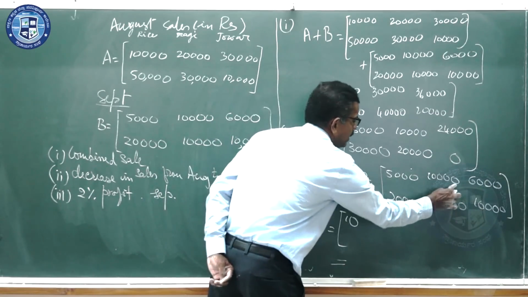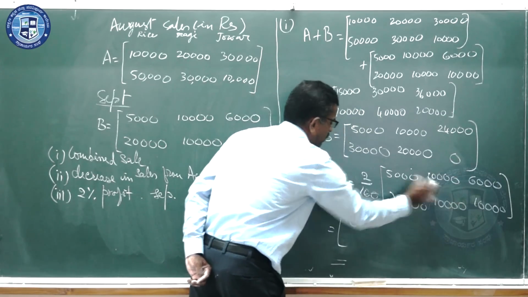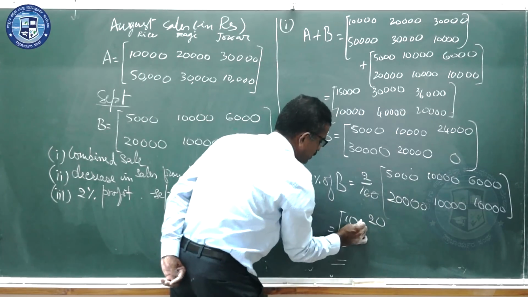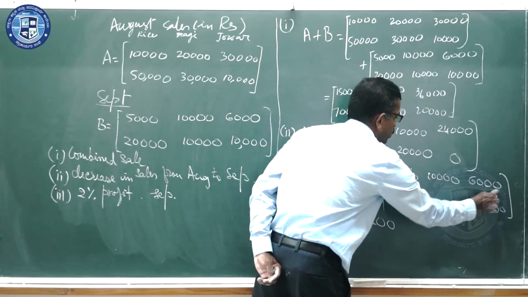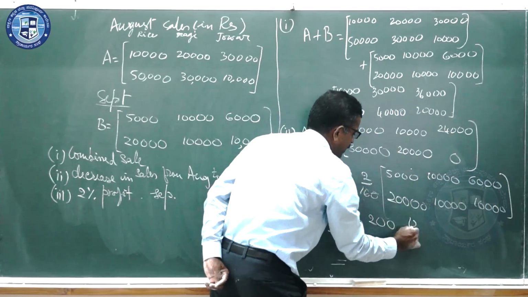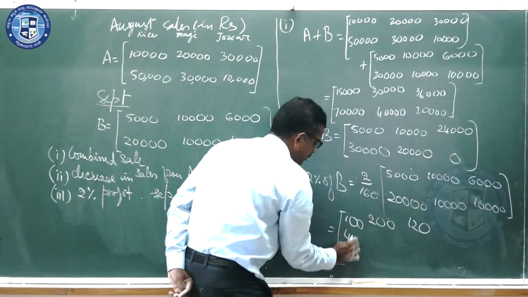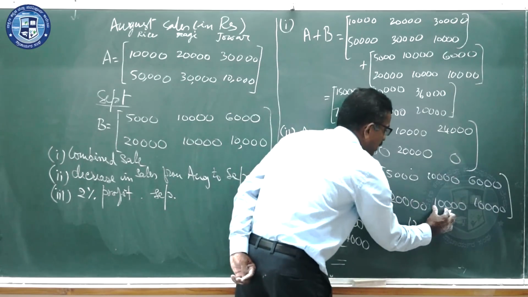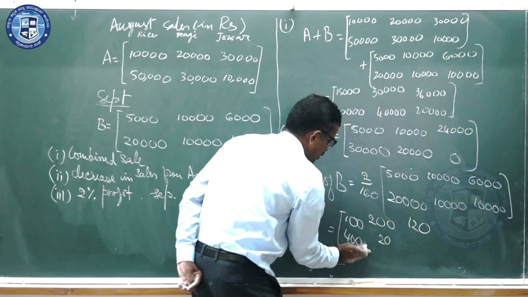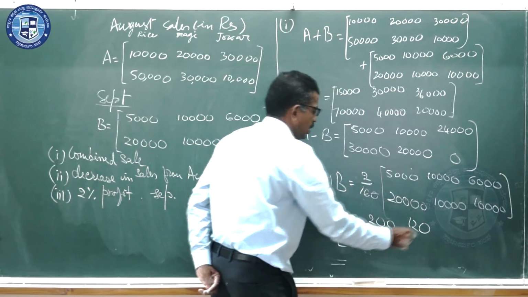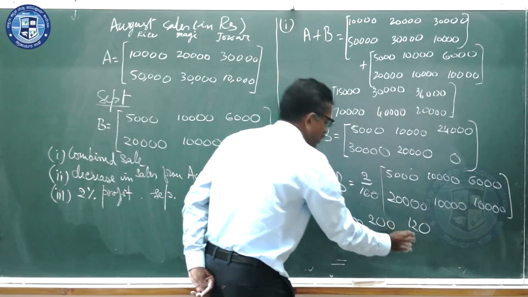Similarly, cancelling 2 zeros and multiplying by 2, the first one is 100, second one is 200, and third one, 60 into 2, it is 120. And here 200 into 2, it is 400. Here 100 into 2, it is 200. And the last one is once again 100 into 2, it is 200.